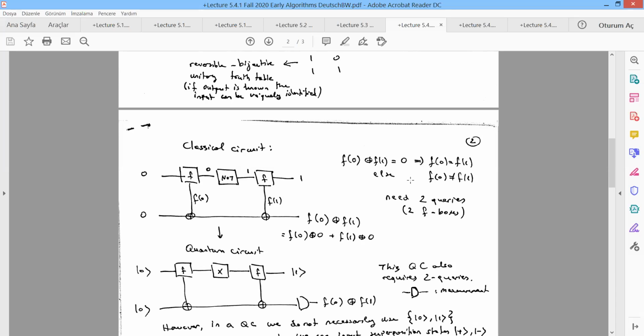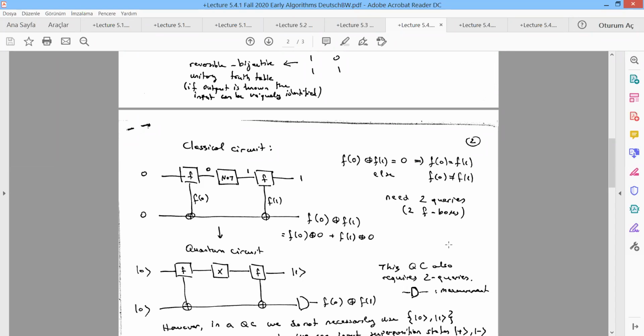And in all the other cases, f of 0 is different from f of 1. So as we see over here, classically, this circuit needs 2 queries. One query is through this f function, and another query is through this f function. Classically, we need 2.